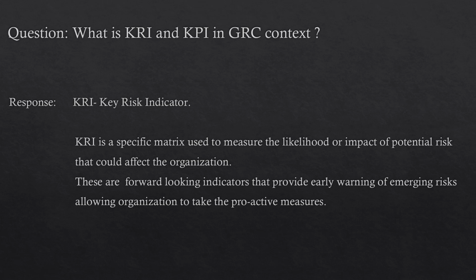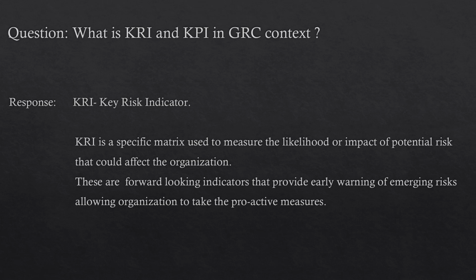Next question is what is KRI and KPI in the GRC context? Guys, these are very related terms, but actually both are different. KRI is a key risk indicator. Whatever risks are related to the organization, people, process, and technology, we can indicate using the key risk indicator.